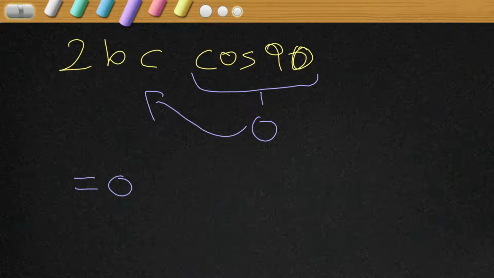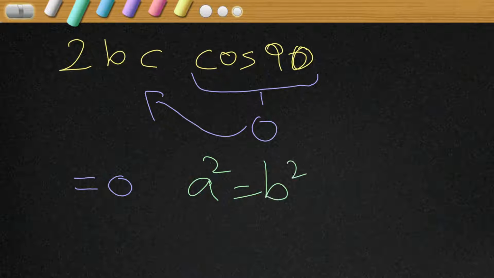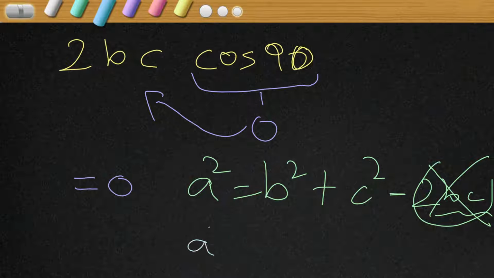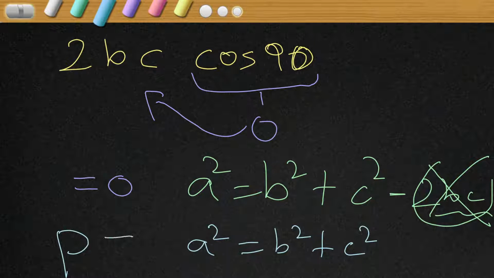Well, let's write this equation one more time. a squared equals b squared plus c squared minus 2bc whatever. If this whole thing is equal to 0, nothing, we will be left only with a squared equals b squared plus c squared, which is Pythagoras theorem.